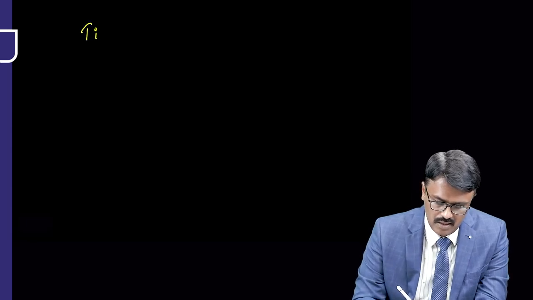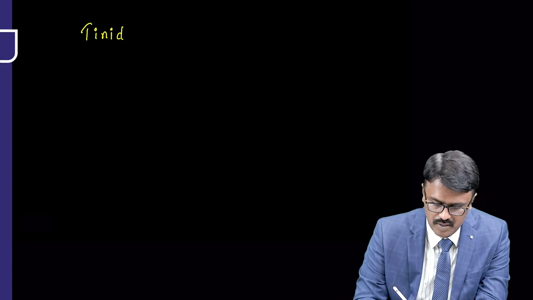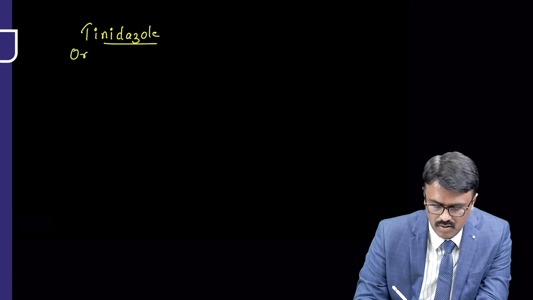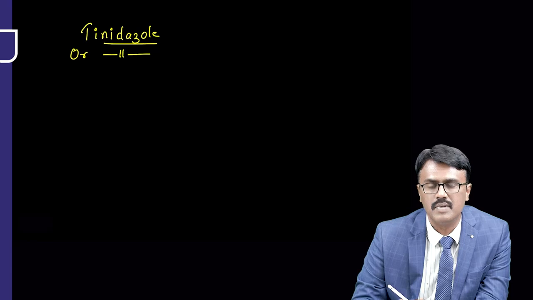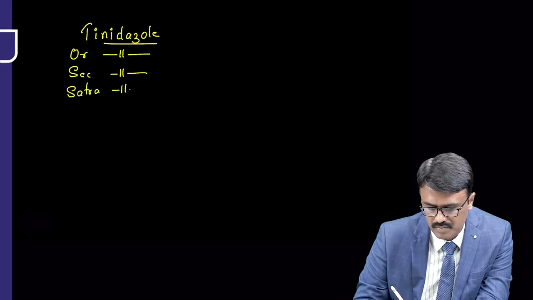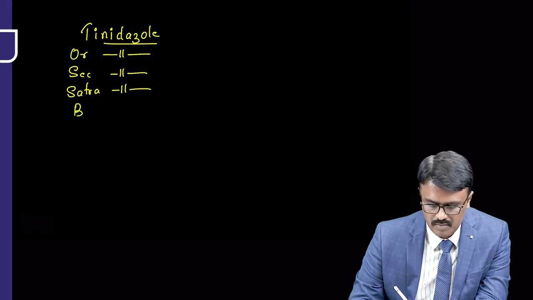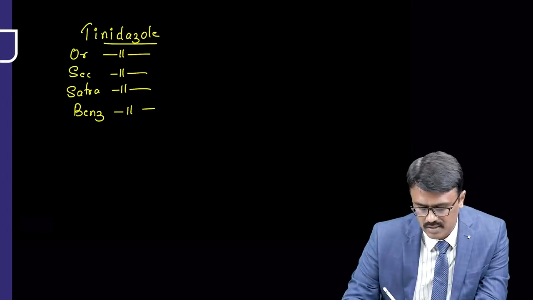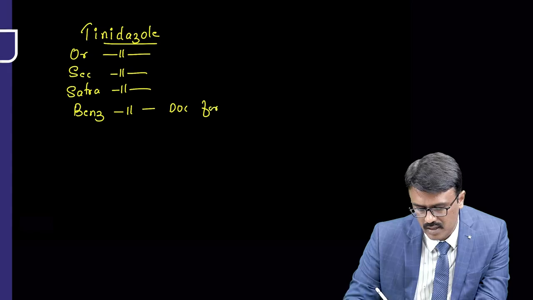Similarly, what are the other drugs we have in the group? The example is tinidazole. Remember, it ends with nidazole. Then we have ornidazole, secnidazole, satranidazole, and one more drug is benznidazole. Now, benznidazole is the drug of choice for a condition called Chagas disease.